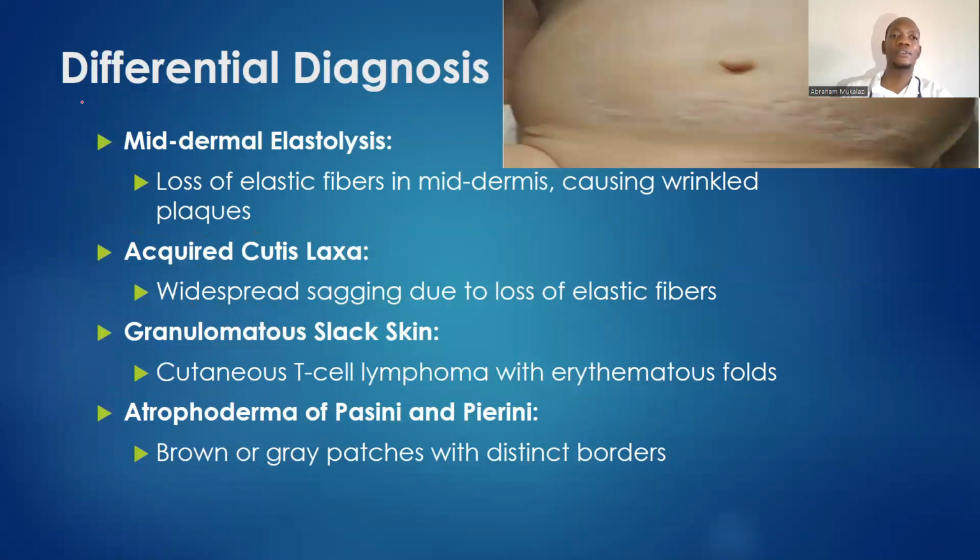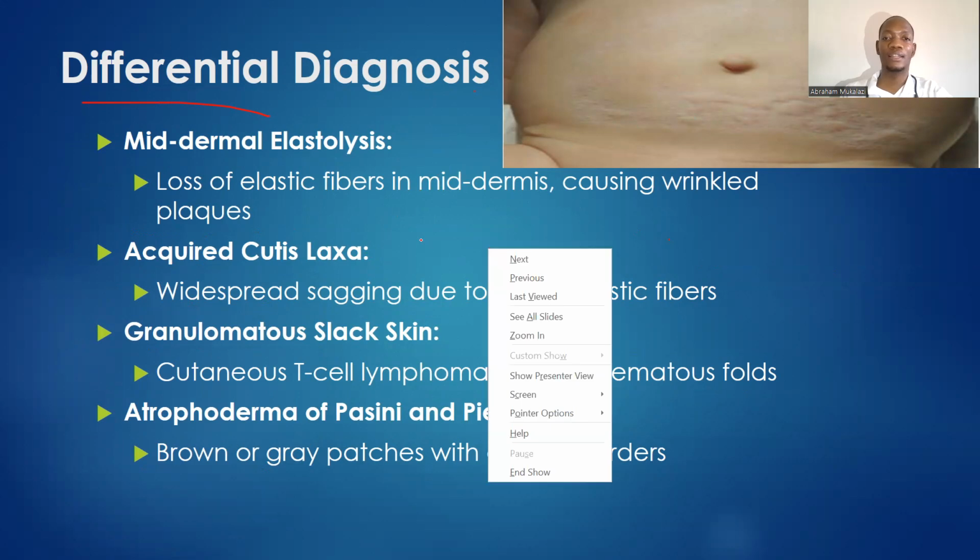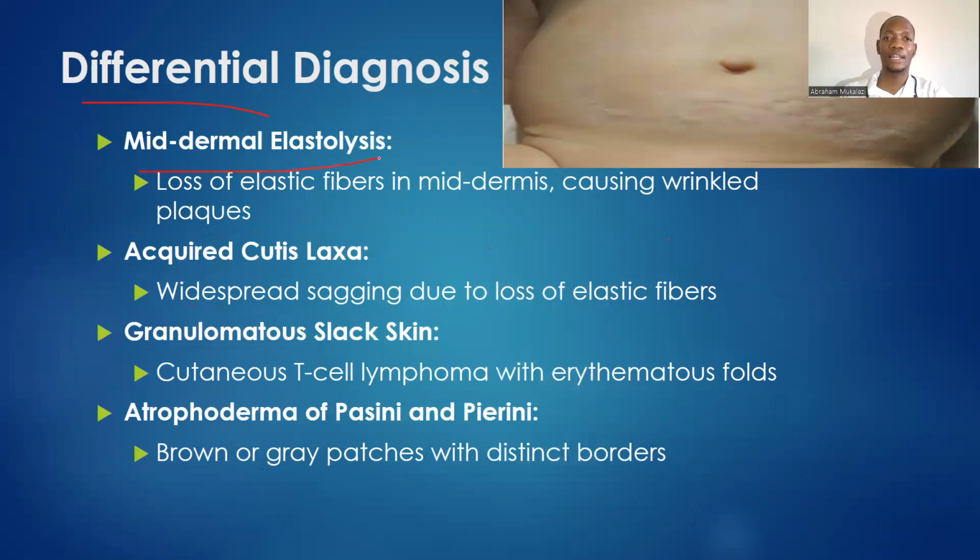So in the differential diagnosis, these are the things that can look like anetoderma, and they include mid-dermal elastolysis. In this case, you'll have loss of elastic fibers, especially in the mid-dermis, which will give you wrinkling and plaques.